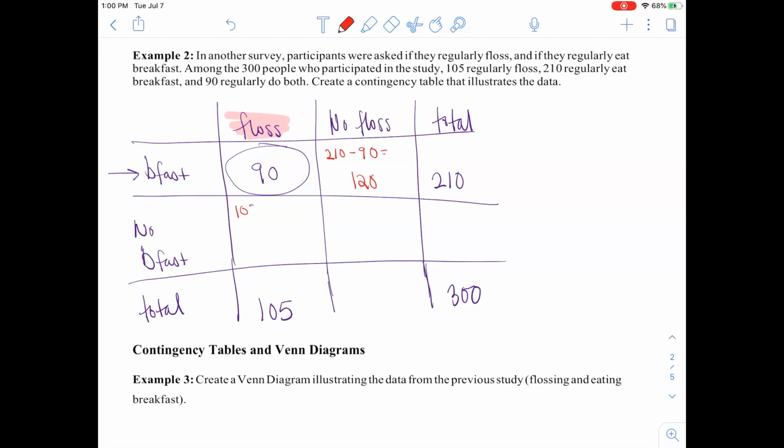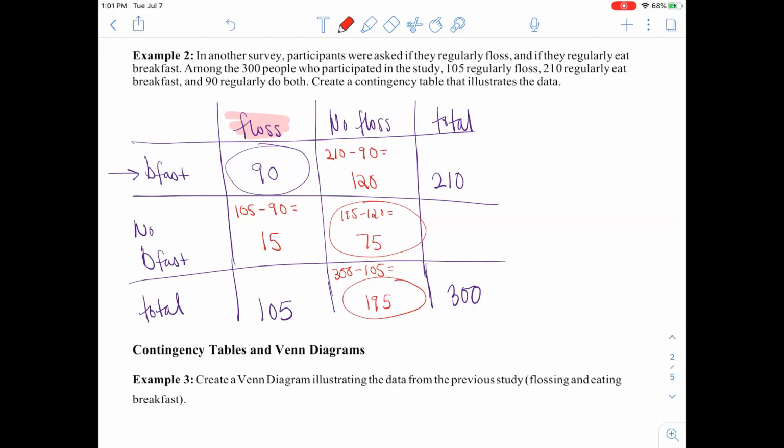So no breakfast and flossing has to be 105 minus the 90, which is 15. So this is kind of similar to your Venn diagrams. Well, I can figure out this piece because it's 300 minus the 105, which is 195. And then I can figure out this piece because that's 195 minus the 120, which is 75.